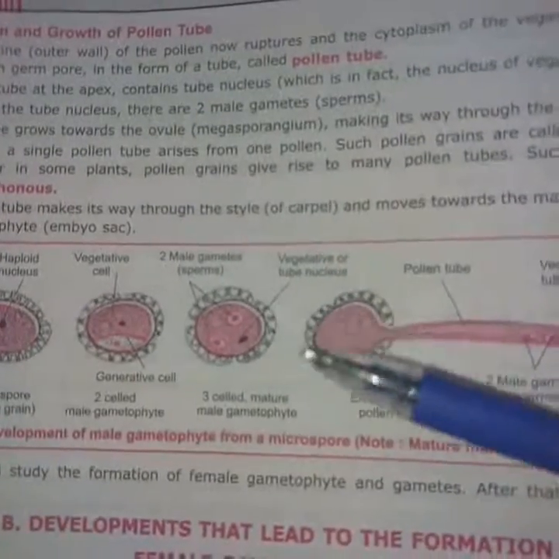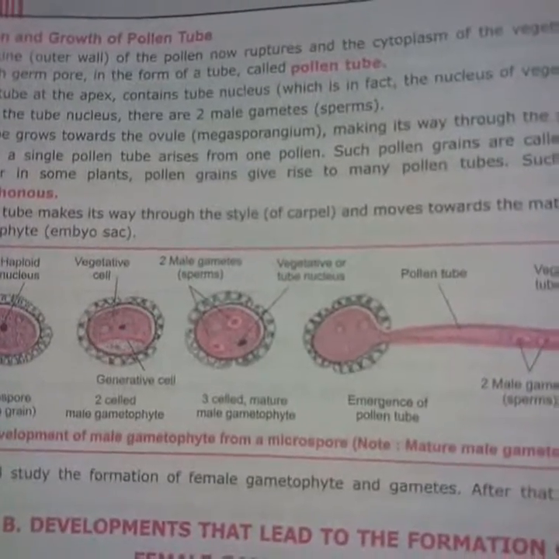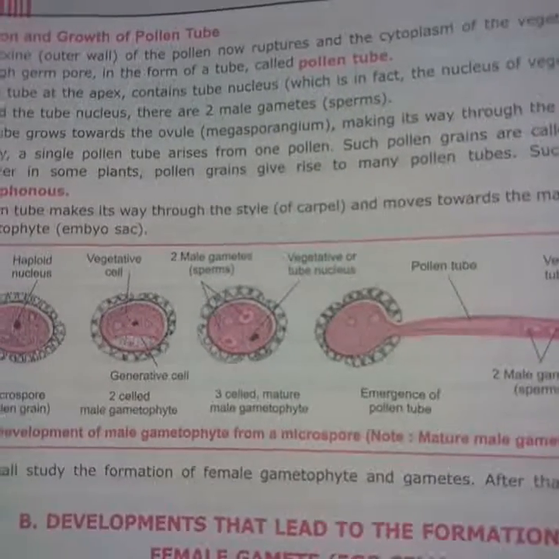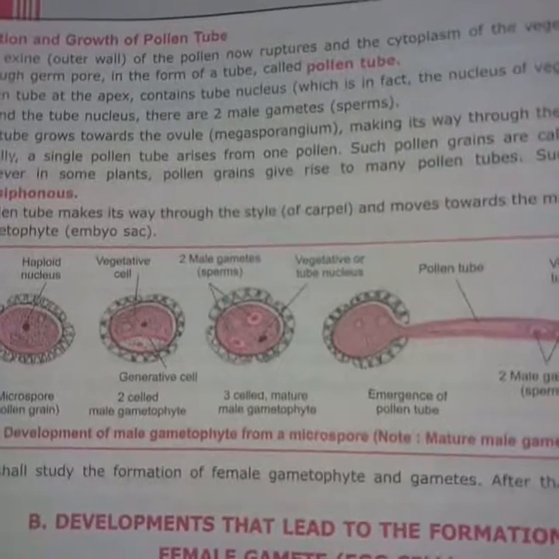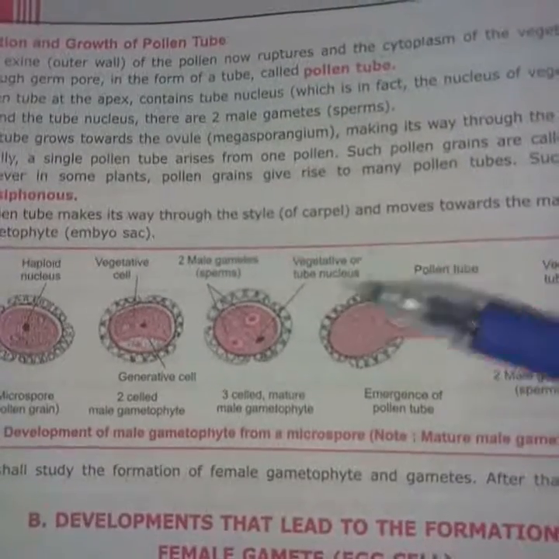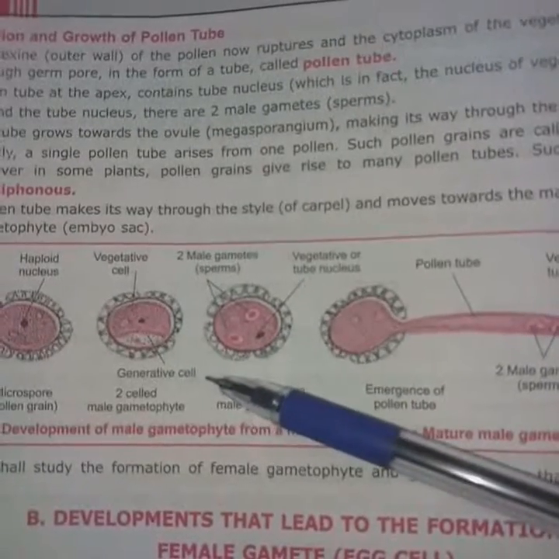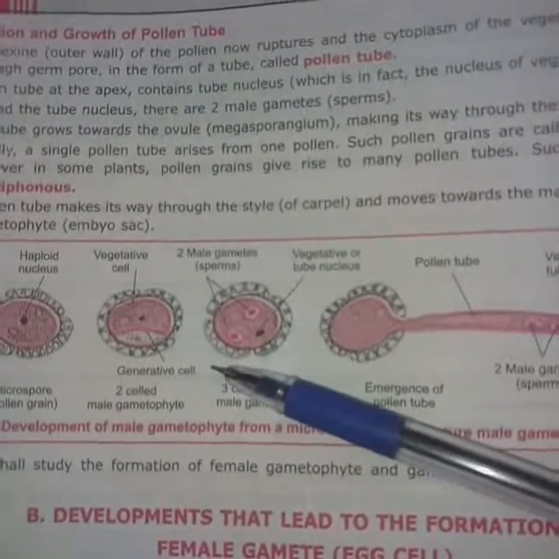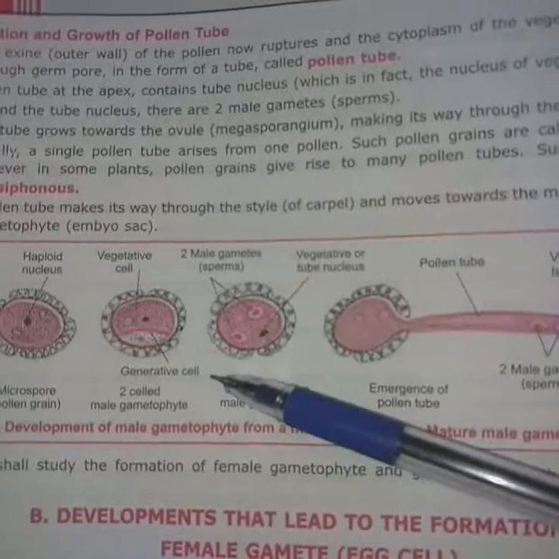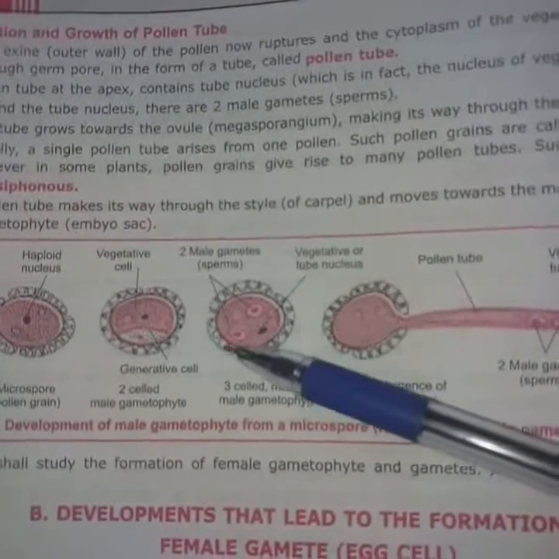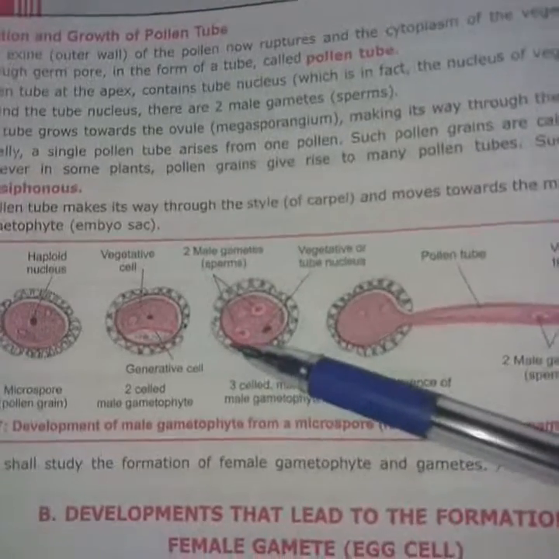These male gametes are genetically similar and remain in a paired condition. Because these male gametes developed from one type of germinative cell, they are genetically similar and remain in pairs for a period.